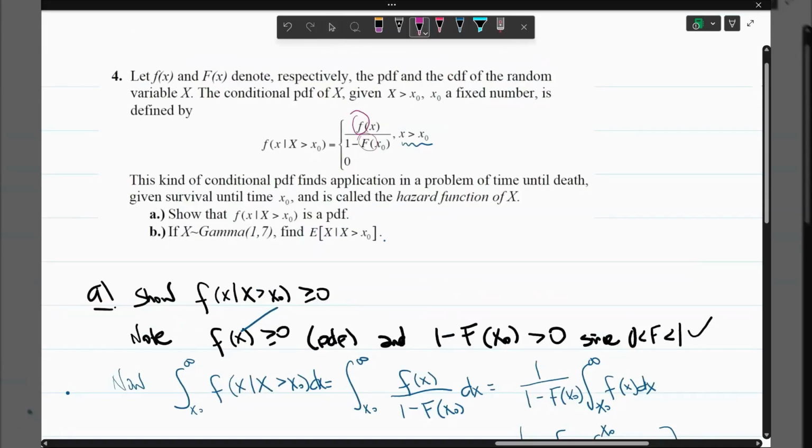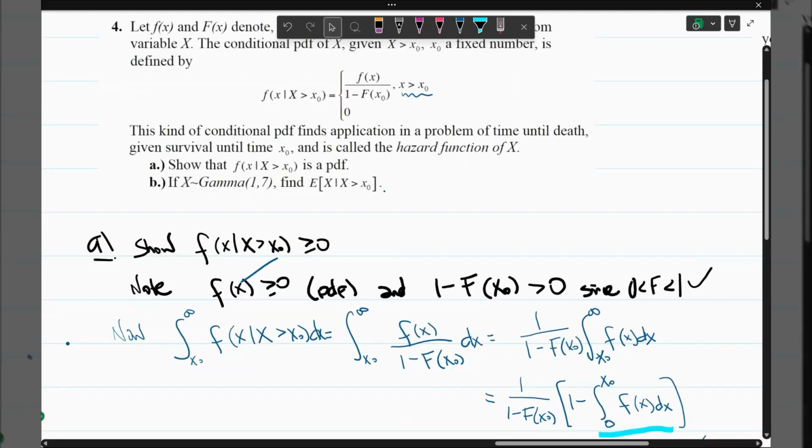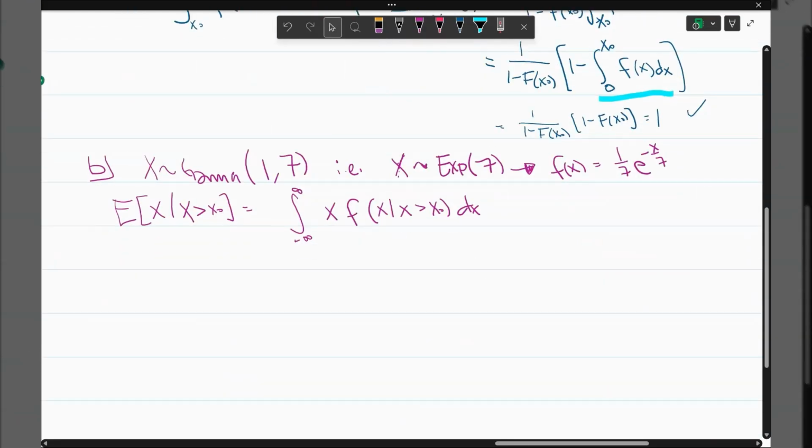And we have a specific distribution that we want to work with in this problem. So let's go ahead and find what the CDF would be. We already know the PDF.